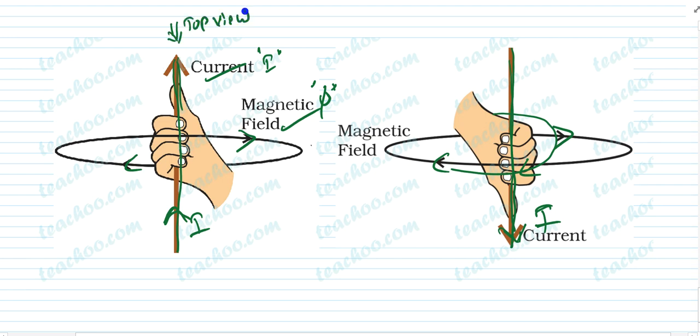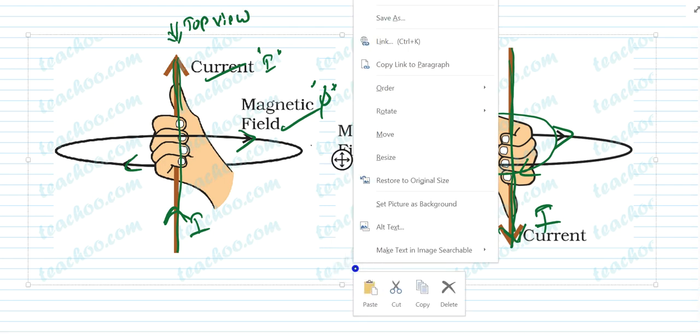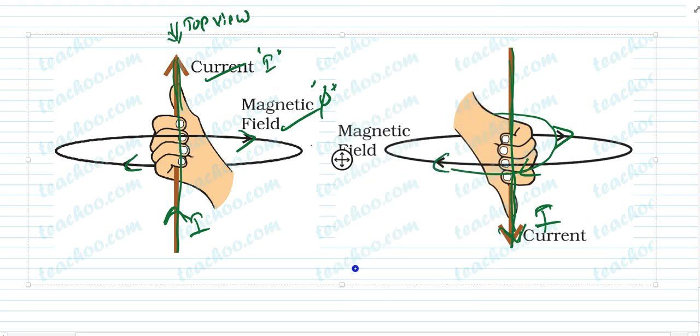If you see from the top view, then this arrow mark is represented with a dot point. It means the current is going towards the top view.